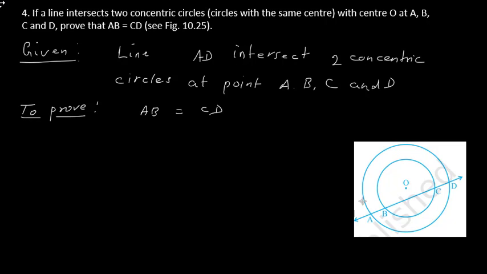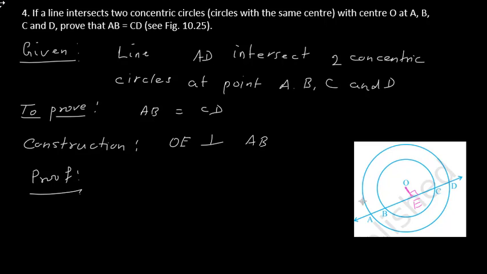Now here I will do a construction. I will draw OE perpendicular to AB. So let us draw one segment OE, perpendicular to this AB. Now in the proof, we know that a perpendicular from the center bisects the chord.